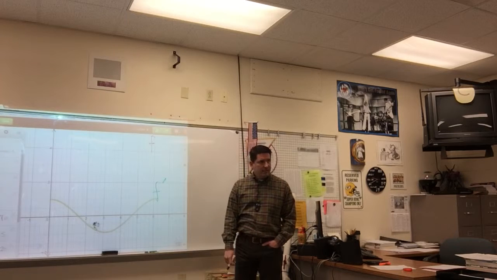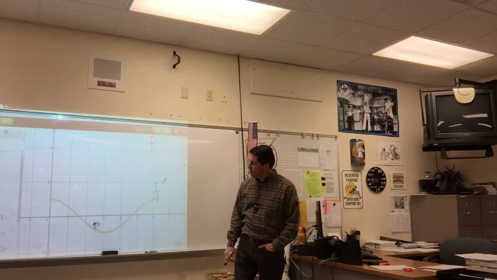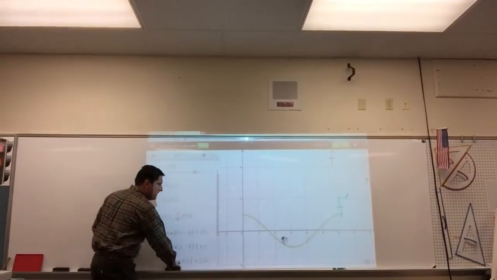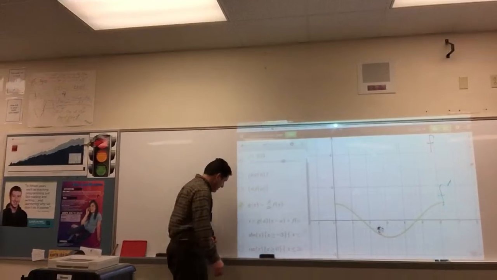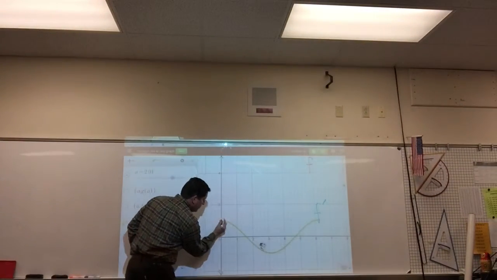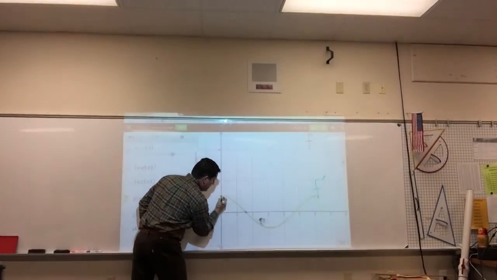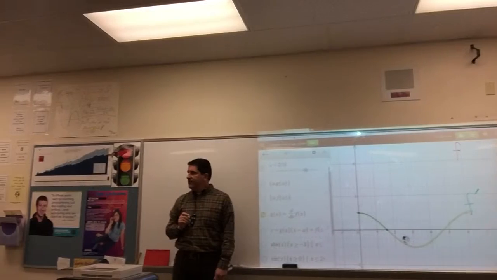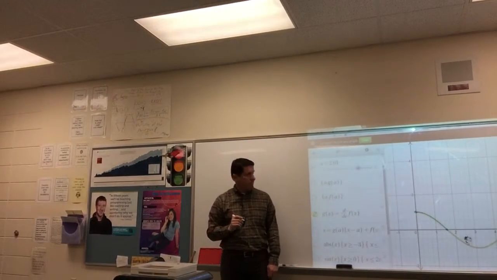What does the graph of f look like? So let's see if some of this is making sense, what I'm saying here. What's true from here to here? The slope is positive. Okay?